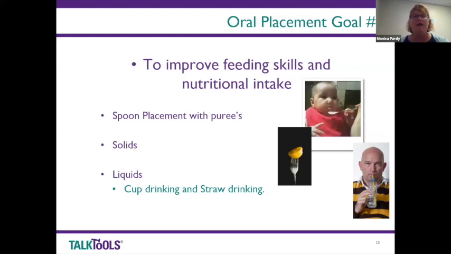So if I have a client and they're eating from a spoon, it's not going to surprise me that in speech I see mama, baba, papa. They're doing the same movement. We want to correct that movement in feeding.